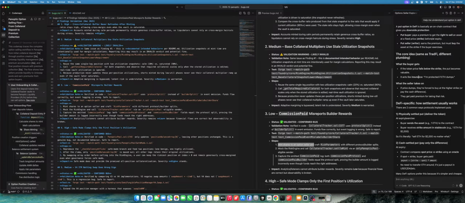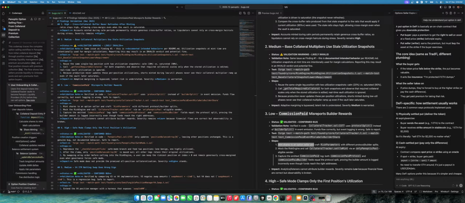So if the token price falls below the strike price set by the put buyer... Okay, this is confusing, but bear with me.